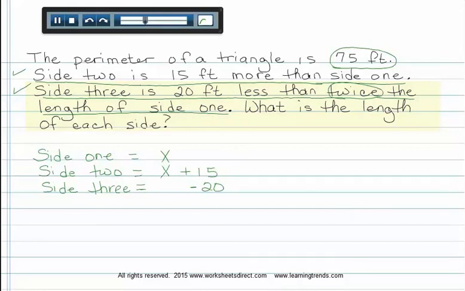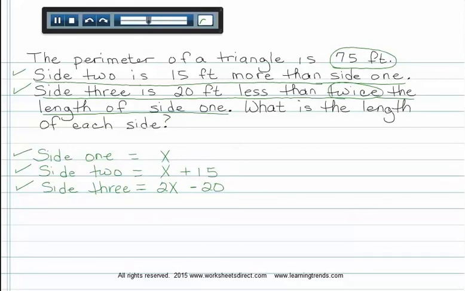Well, side 1 is represented by x, and twice x would be 2x. So we've done the first step, and we have defined the variable expression. Side 1 is x, side 2, x plus 15, side 3, 2x minus 20.